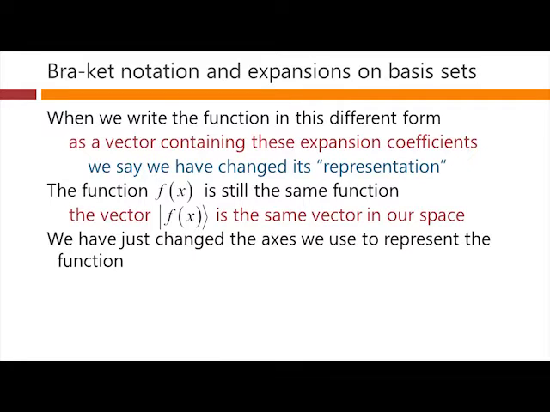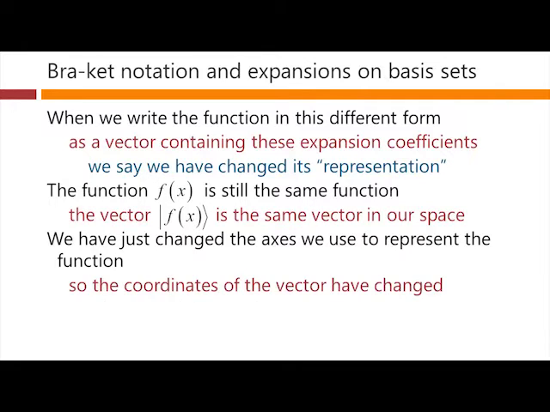So the vector is the same vector, it's just that the coordinate axes have changed. And now these numbers are the projections onto the new axes. And these axes themselves that we're using are just the axes corresponding to those basis functions as vectors in the space. We'll look at that again later.